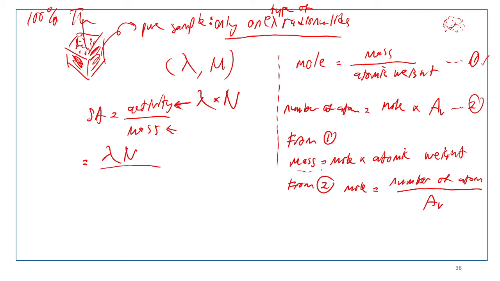Mass here is mole times atomic weight, and for mole I use the relationship from equation 2, so it becomes number of atoms over the Avogadro constant, times the atomic weight.